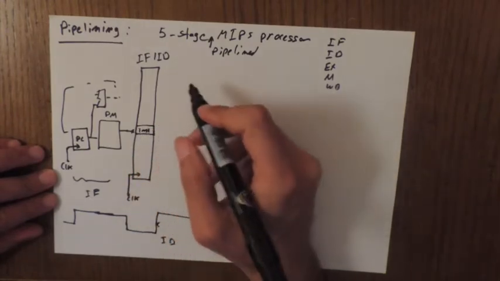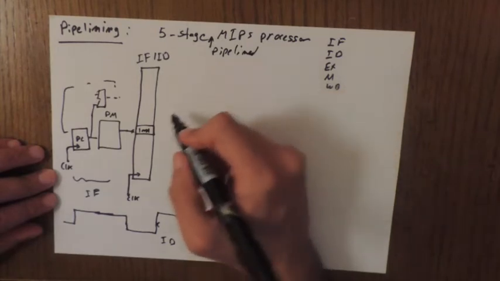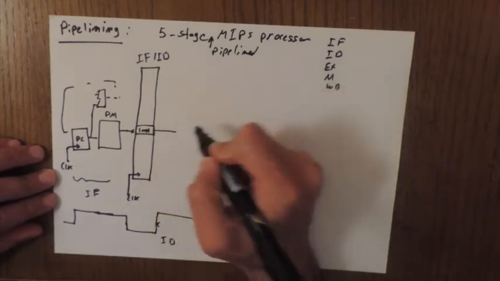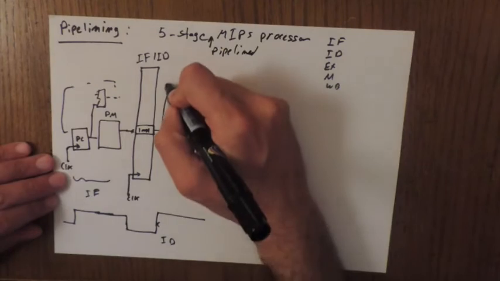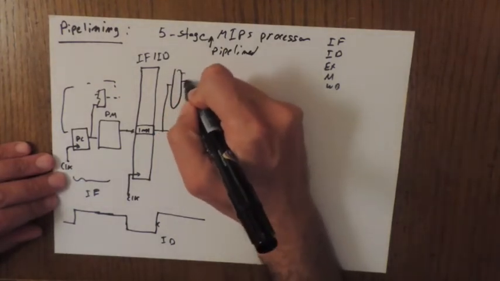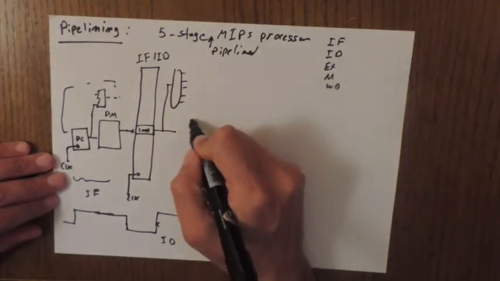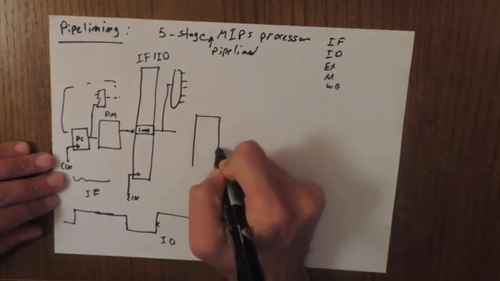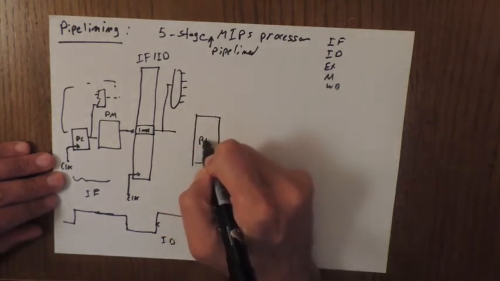Now with the instruction we can decode this instruction, and from it we can get our controls, and of course we have here the register file.